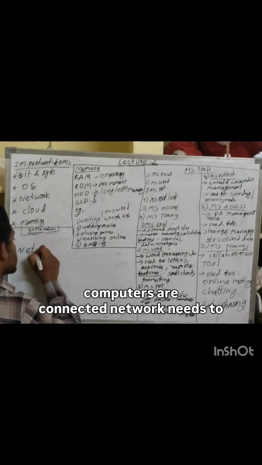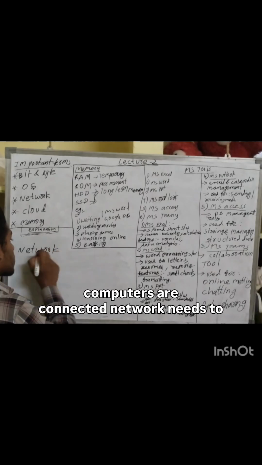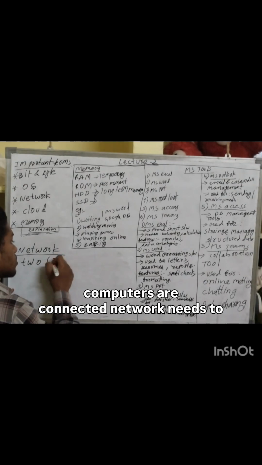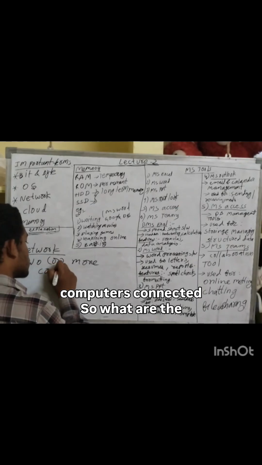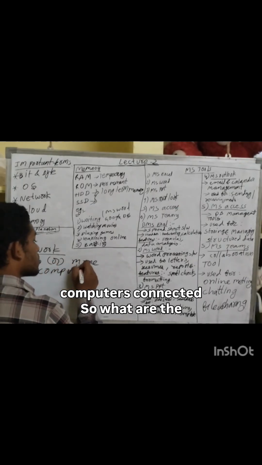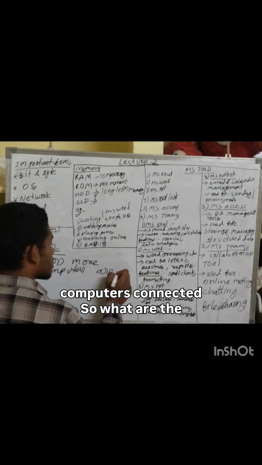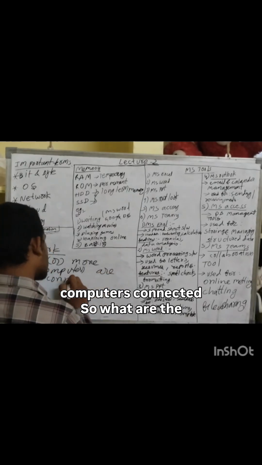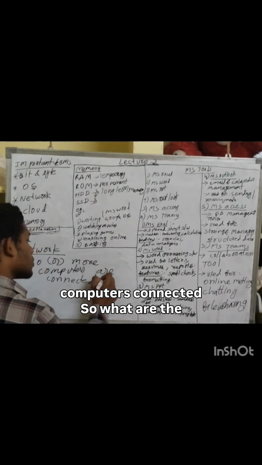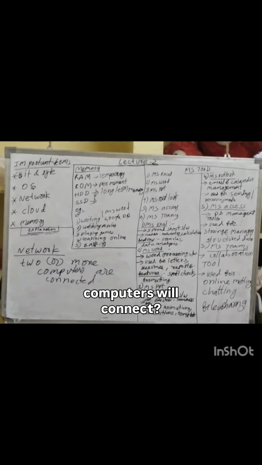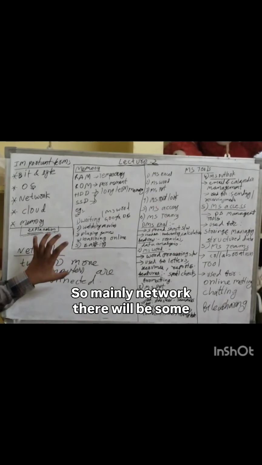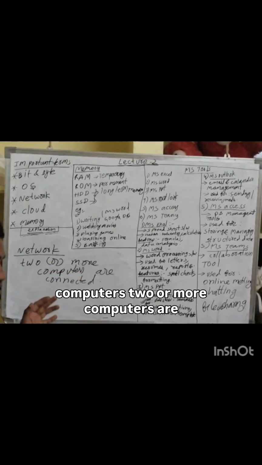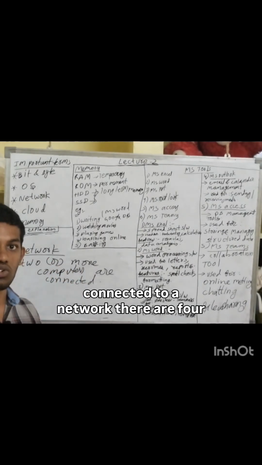Network means two or more computers are connected. So mainly in a network there will be some computers, two or more computers connected to a network.